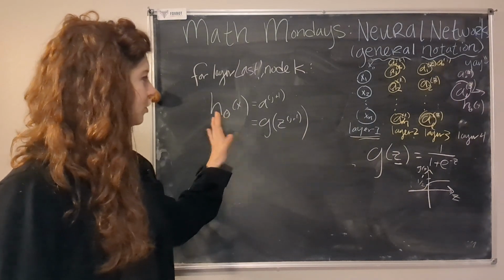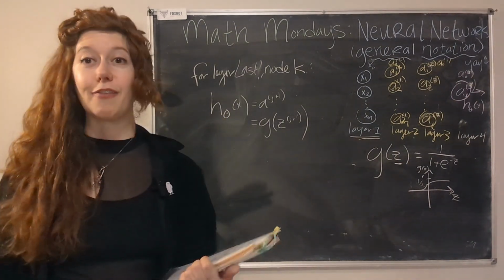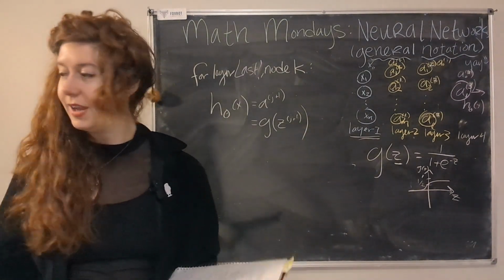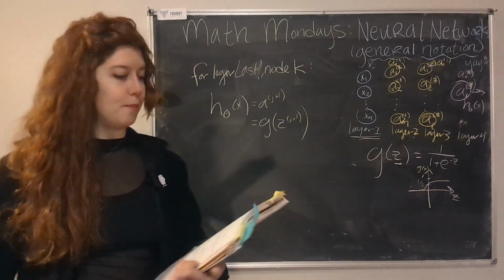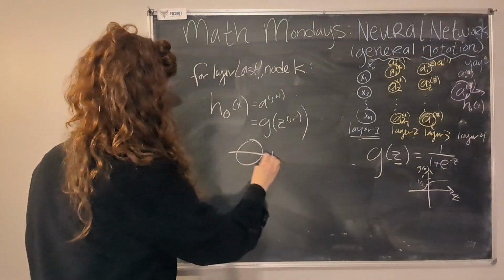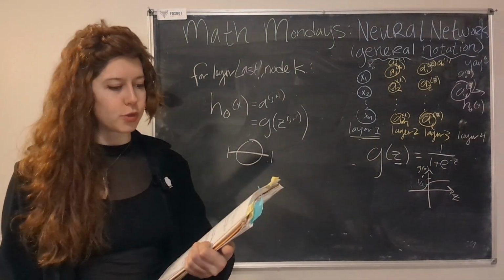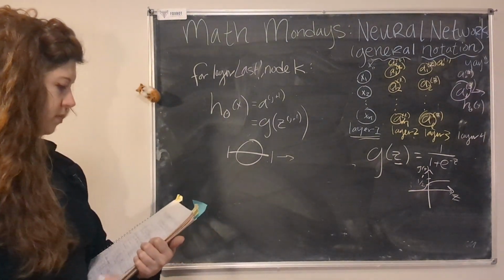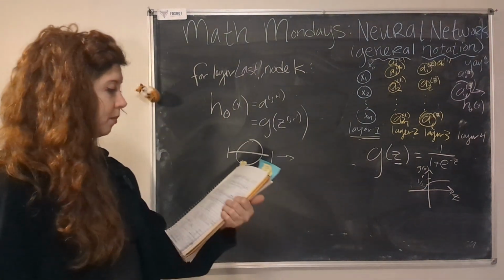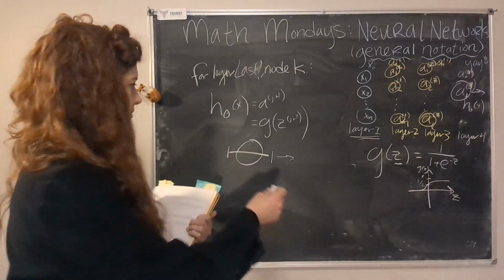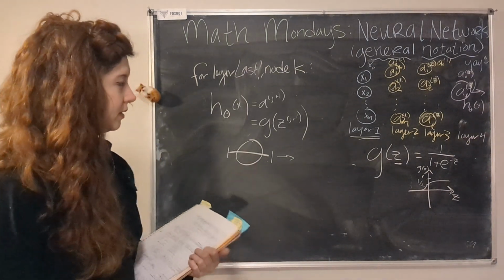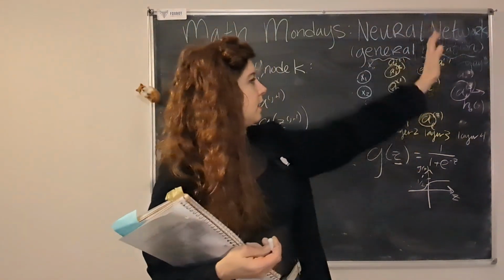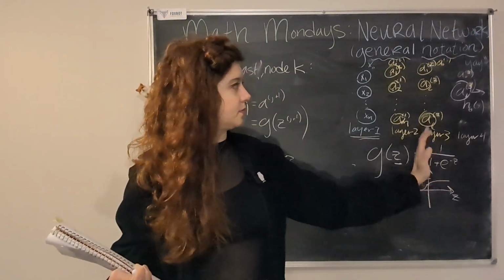Our hypothesis function can have many, many parameters in it. That's what's hidden in here: we have a capital theta matrix, and in this last one, it will just be one row because there's just one theta. And then it's multiplied by all of these values.